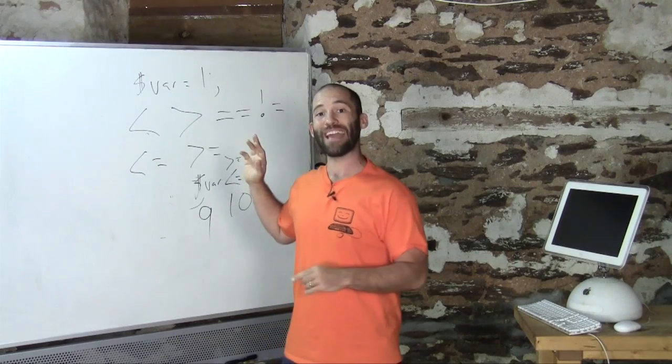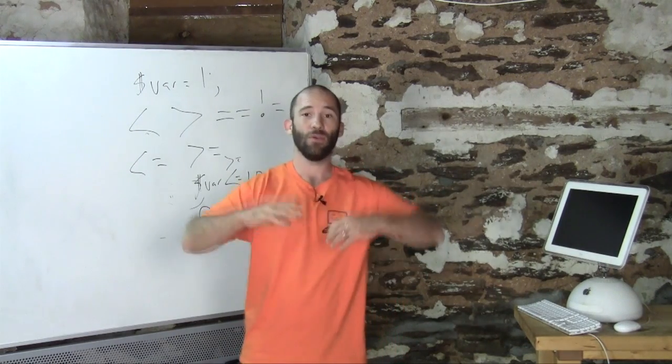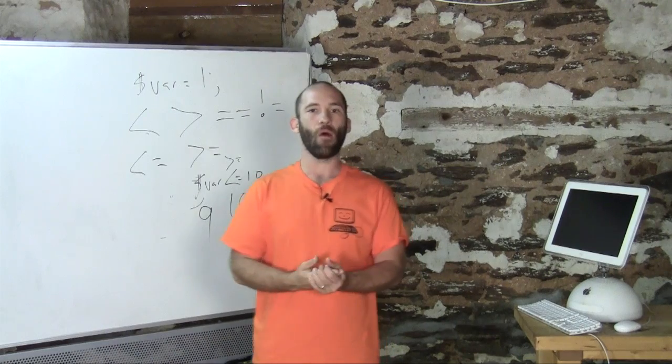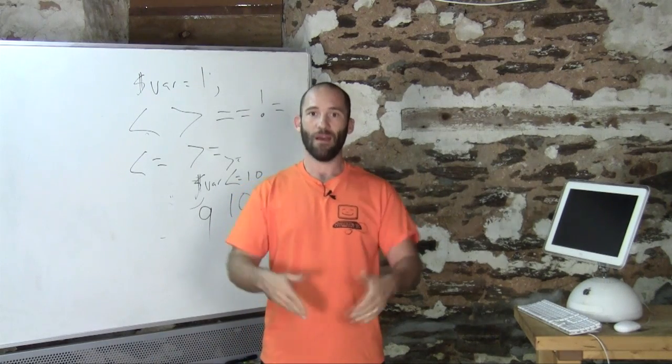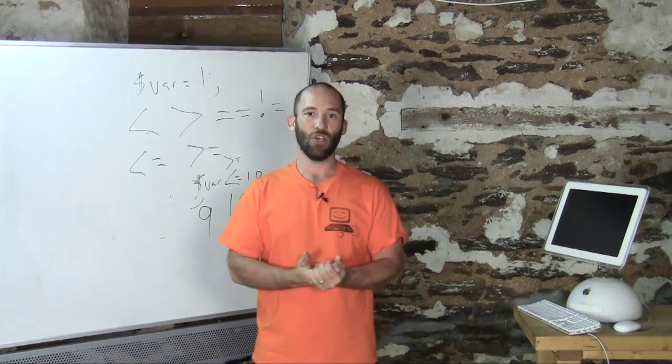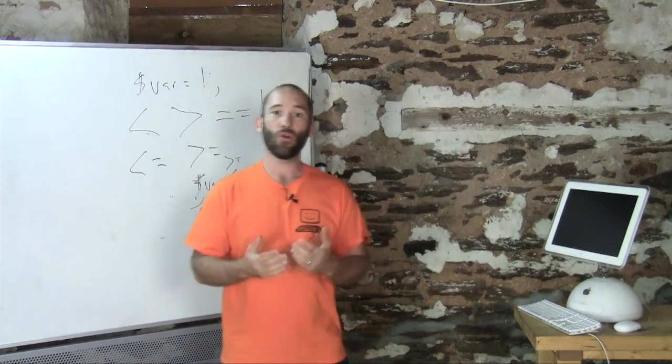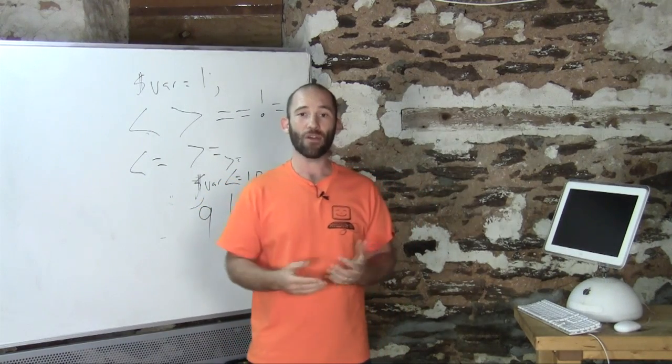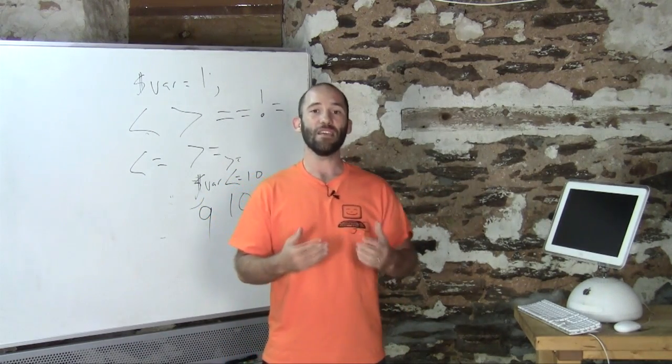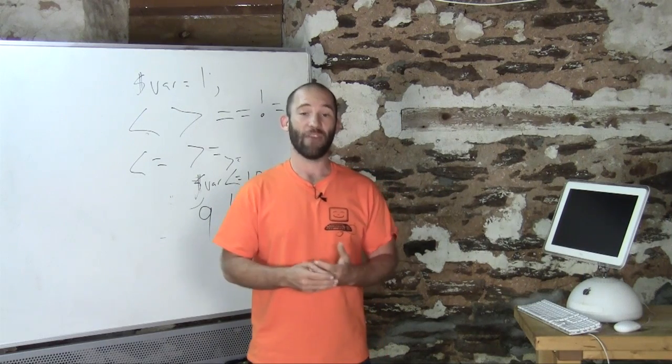Then I'm going to do something a little more complicated so you can start to understand a little bit of the power of while loops. The next example I'm going to show you is how to create a calculator to find out how many years it will take to pay off a house.